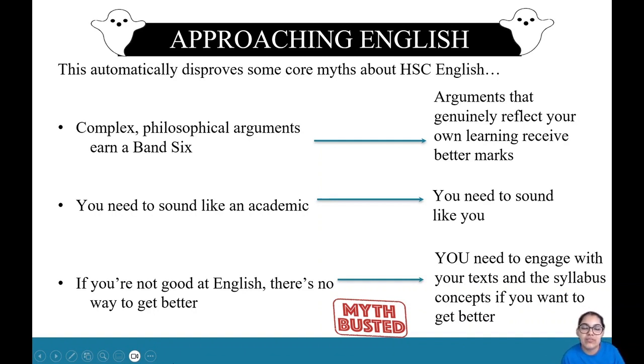Really, if we think about it, with English, 66% of it is basically essays. So if you can get those essays up to notch, if you can write them, get feedback on them, work on them, you can go into that room with some really good marks.